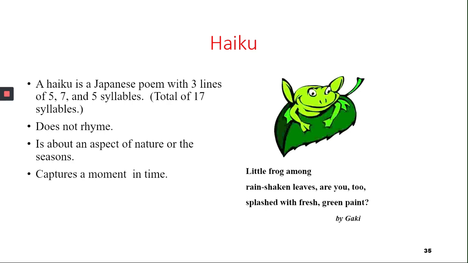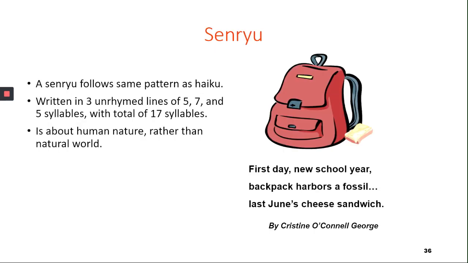It does not rhyme, and it captures a moment in time. For example, "Little frog among rain-shaken leaves are you to splash with fresh green paint" by Gaki. Haiku is itong Nihongo or Japanese poem wherein it should have 17 syllables at kailangan nagpapatungkol ito sa kalikasan.